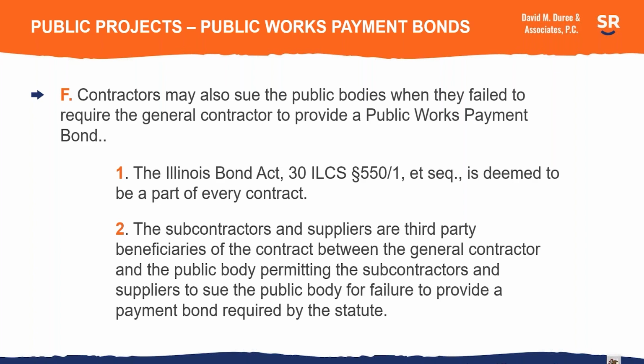And the suppliers and subcontractors are considered to be third-party beneficiaries of the contract between the general contractor and the public body, which permits the suppliers and subcontractors to sue the public body because of their failure to provide a payment bond required by the statute.